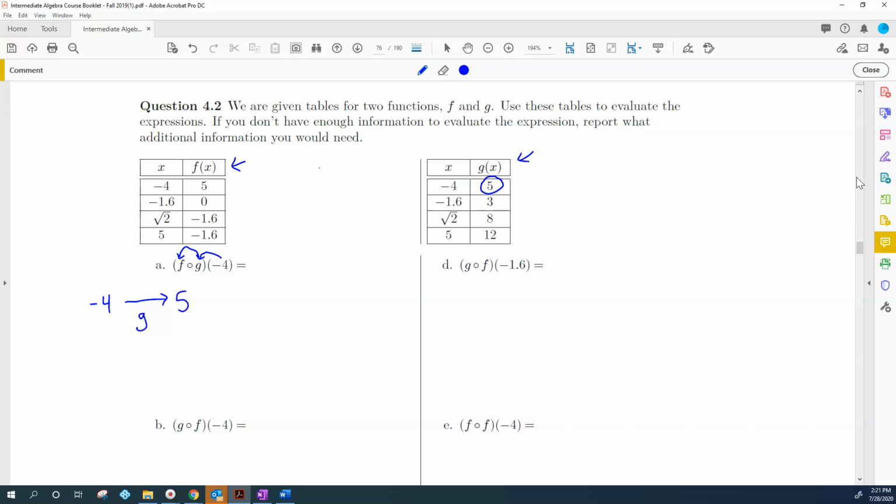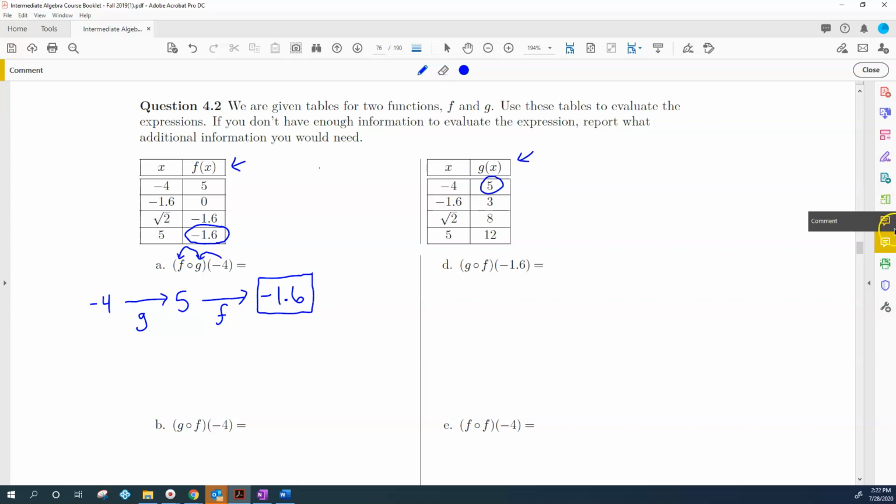But then I'm not done. Now I'm going to take that 5 and put it into the f equation. When x is 5, my answer is -1.6. So that is my f of g of -4.